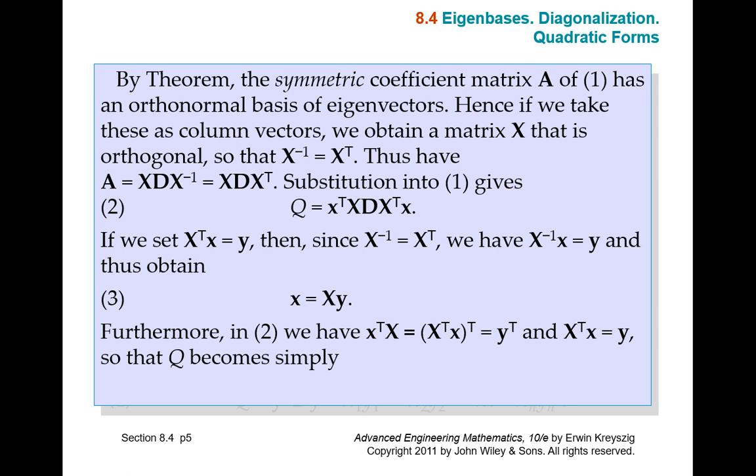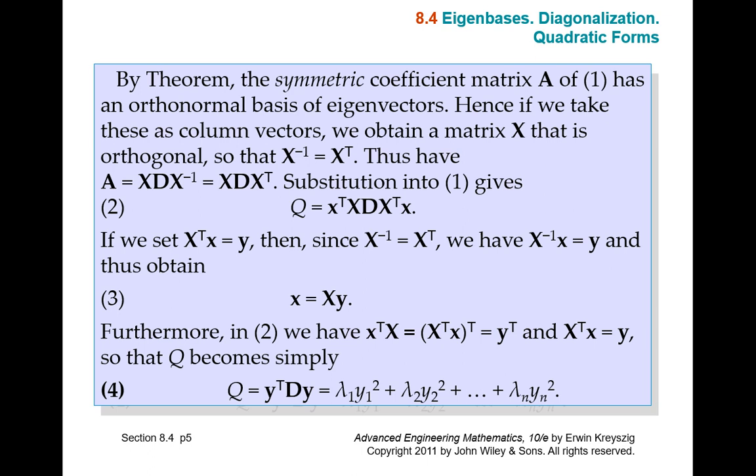The good thing here is that with this transformation we come up with y transpose D y. As D is a diagonal matrix of eigenvalues, we can easily write Q equal to y transpose D y, which is the first eigenvalue times y1 squared plus the second eigenvalue times y2 squared, up to the number of coordinates present in the quadratic form.